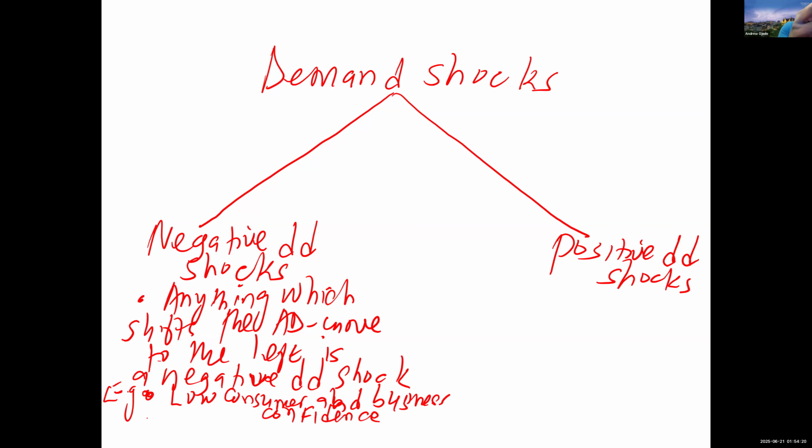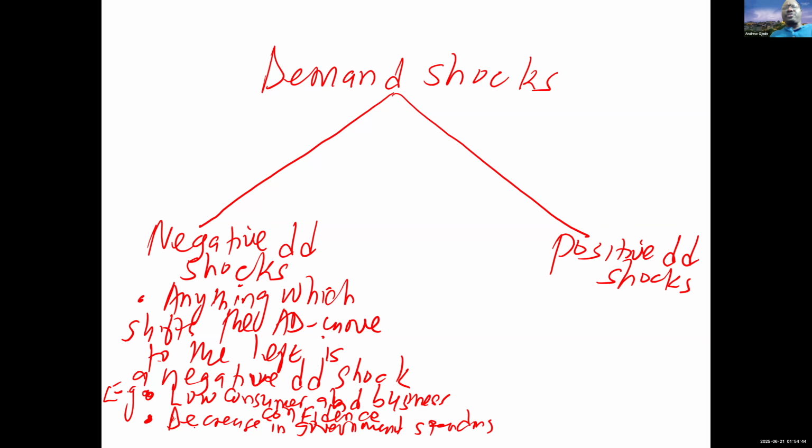Okay. And then another example we could talk about is a decrease in government spending. If government decreases spending, that's going to shift the aggregate demand curve to the left. Or an increase in what? Increase in taxes.